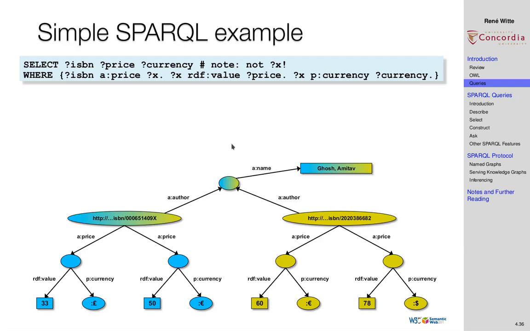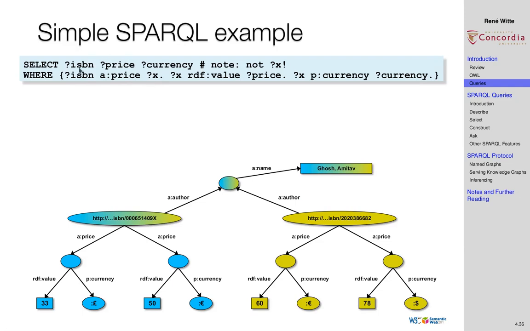So now we want to query the graph to get all the books together with their price. So we have three variables, the ISBN number, the price, and the currency. And now we have to come up with a query pattern that matches the graph down here. So you can see there is an ISBN number, which matches the subject. Then we have a price property, which matches the price here. And then we have a blank node, which we indicate with X here.